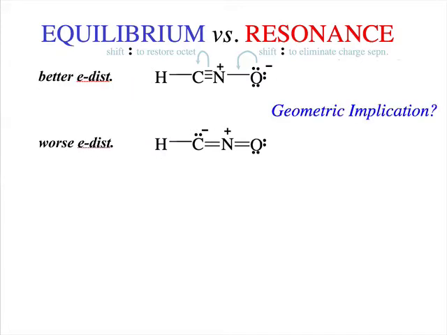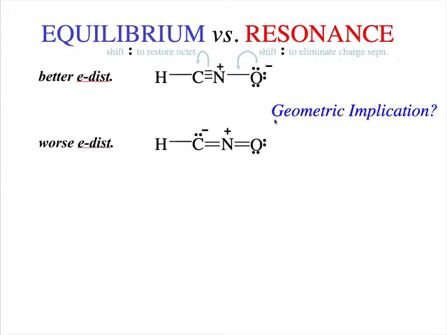Let's think about the geometric implication of this redistribution of electrons. Just based on an analysis of charge localization, the top structure has a better electron distribution with the negative charge on the O. The second structure has a worse electron distribution with the negative charge on the carbon.